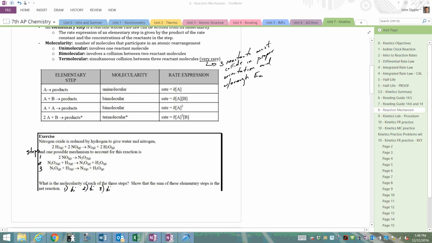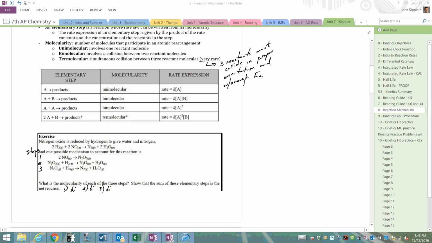Excellent. So what would be an example, Matt Lee? What's an example of an intermediate for these?